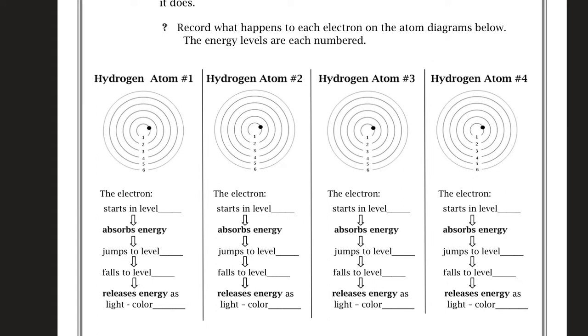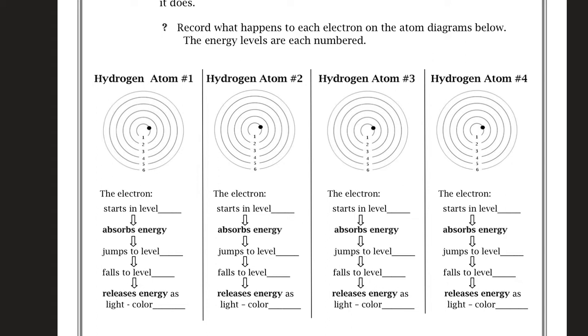They've each been provided with secret instructions. Each of your 4 classmates will show a different way that hydrogen's 1 electron can move between energy levels and what happens when it does. So I want you just to record what I'm doing on these, and we'll get your notes filled in, and hopefully you'll understand by the end of this how light actually works.